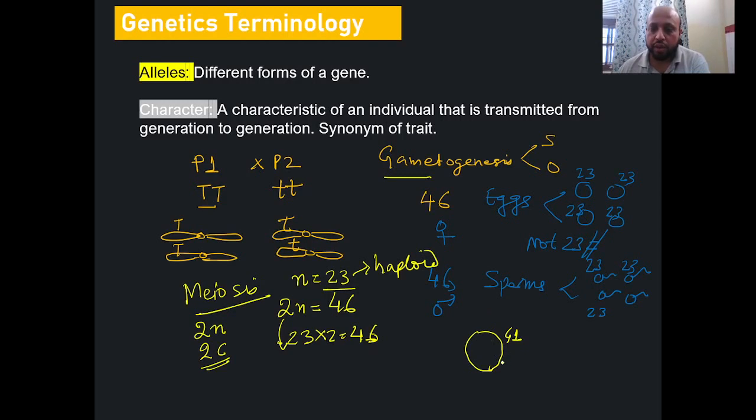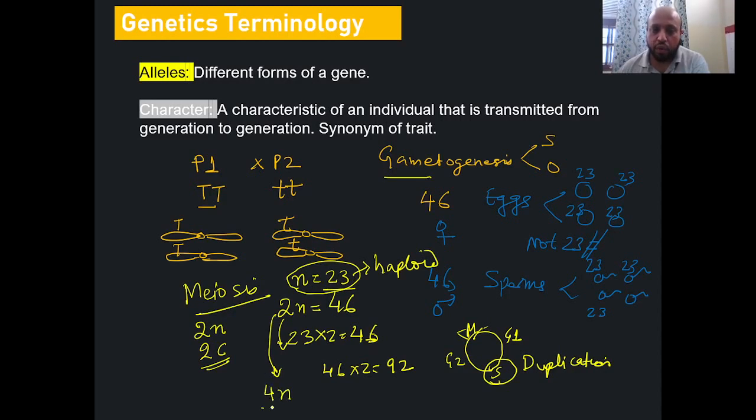So there is a G1, there is an S, there is a G2, and then the actual process of mitosis or meiosis takes place. In the S phase, there is a duplication of the genome. If there are 46 chromosomes, they will become 92. Remember the n number here is 23, so now it will become 4n.